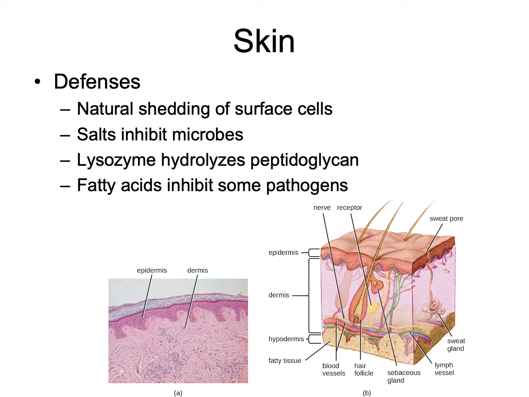In addition to that salt component, it contains sebum and oils and fatty acids. It contains lysozymes, and all of those can have an effect on microorganisms. Lysozymes can hydrolyze peptidoglycan. The fatty acids can also inhibit some pathogens.